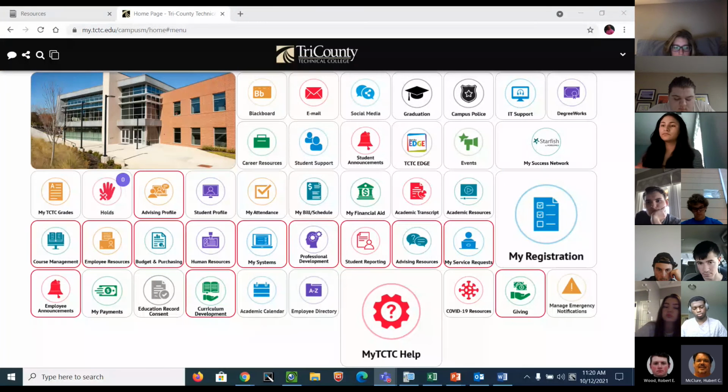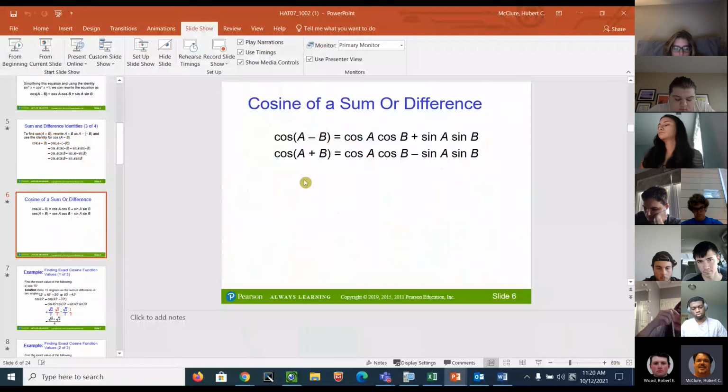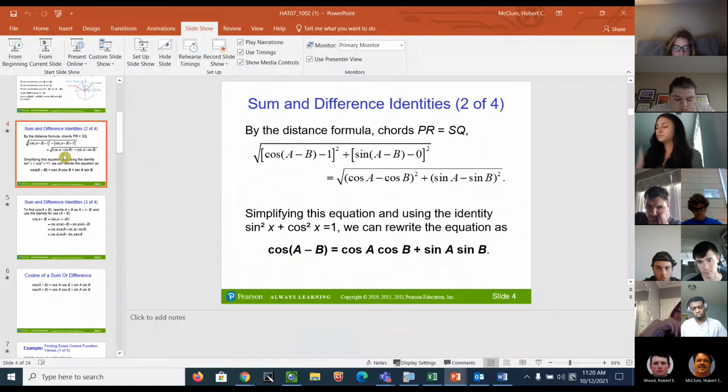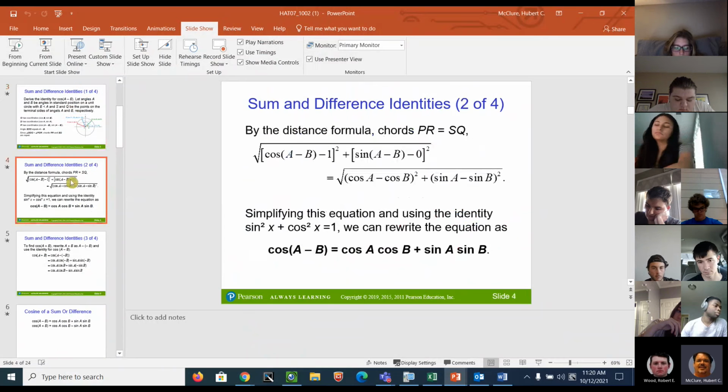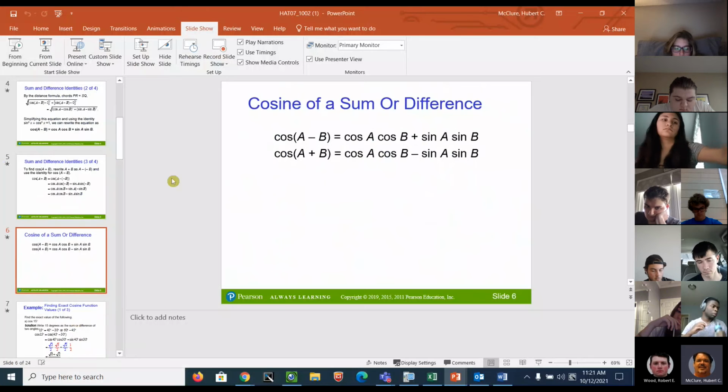Okay. Today we're going over sum and difference identities. I think it's this one. Yeah. So let me make sure. Yeah, that's the derivation. And there they are.